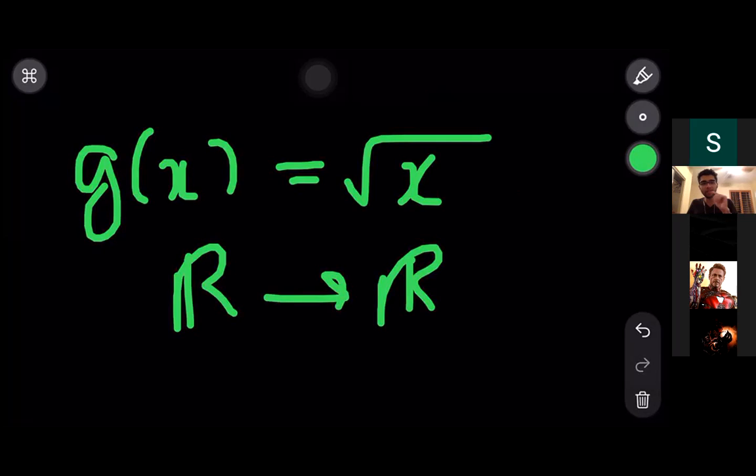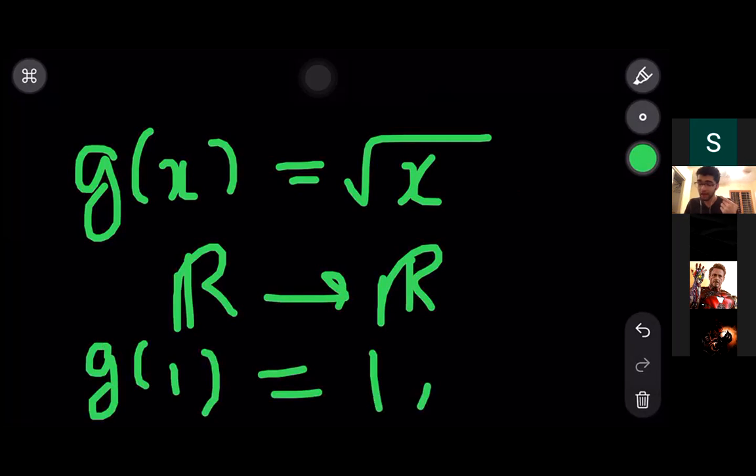Now there is a problem, because if I do g of 1, it can be 1 and it can also be -1, because 1 has 2 square roots. Every positive real number has 2 real square roots, right? Except for 0. They might be rational, irrational, we don't mind, but it will have 2 square roots, one positive, one negative.